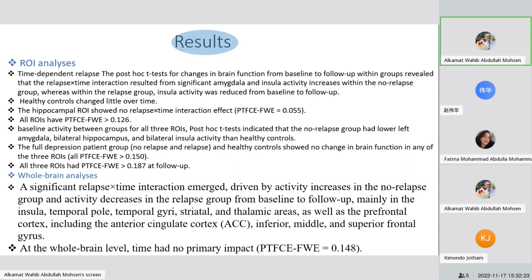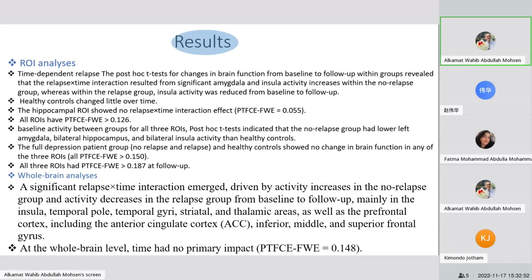Also, the hippocampus ROI analysis showed no relapse by time interaction or effect, with a p-value equal to 0.055. So all the ROI results have p-values greater than 0.126.